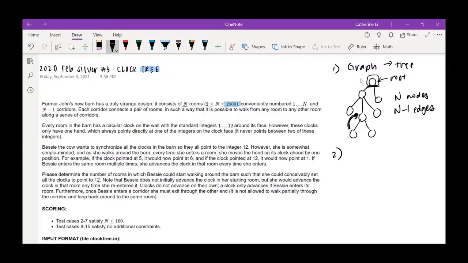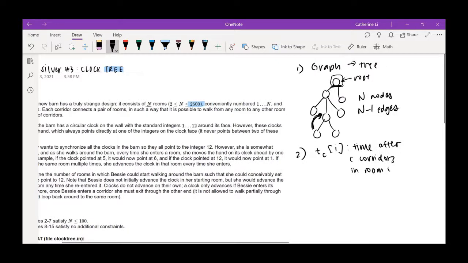So we're going to define an array, I guess, or a variable: the time after she traverses C quarters of room I. So this is the time that the clock in room I is showing after she goes through C rooms.